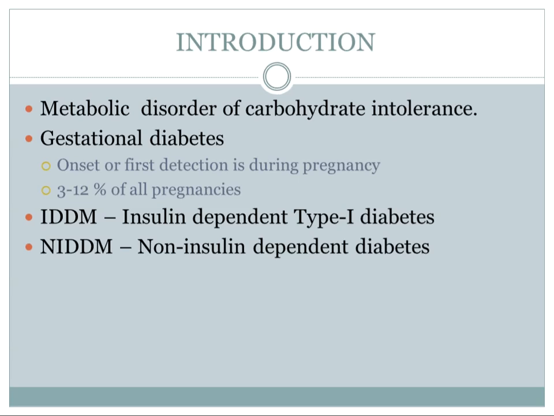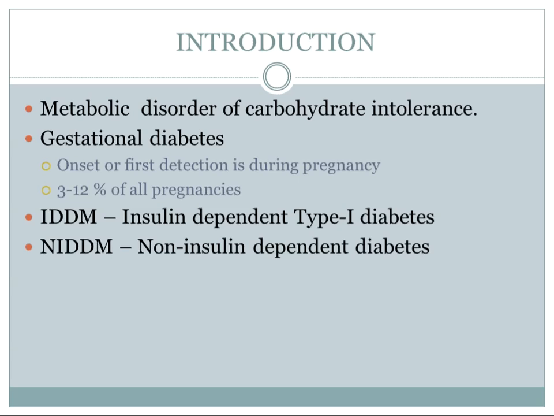Pre-gestational means before pregnancy. The patient was diabetic before pregnancy. That means a diabetic woman becoming pregnant. Now, the second group is gestational diabetes, where after becoming pregnant, the patient developed diabetes.